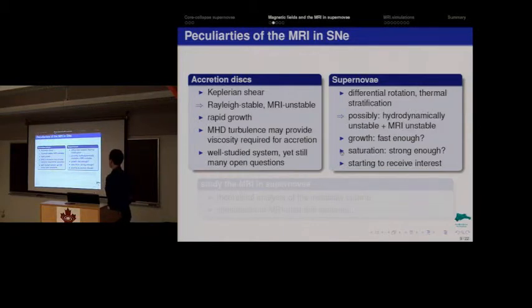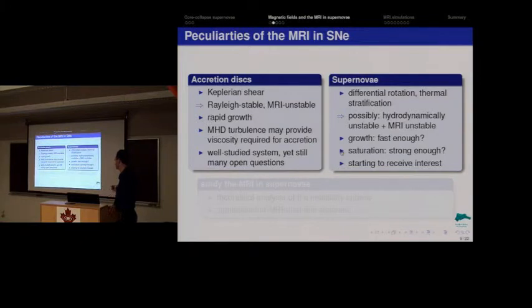And now comparing this to supernovae, we have to deal with a similar but not the same physical system. We may have differential rotation, but we have probably also an important thermal stratification, which may lead to additional stabilization or destabilization.